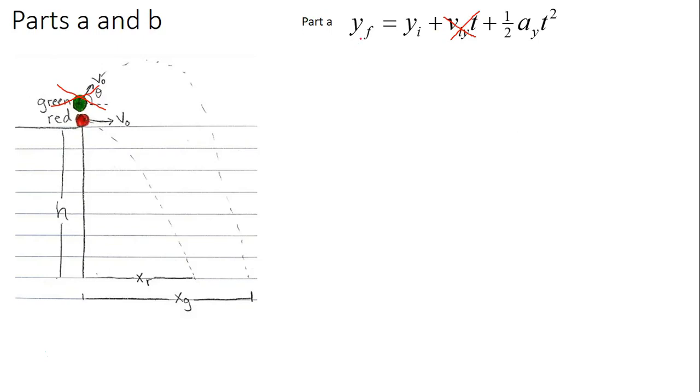So yf would also be 0 because it's hitting the ground, and then yi is h. That's one of the constants given to us in the problem.